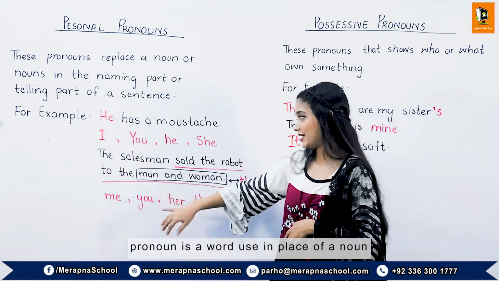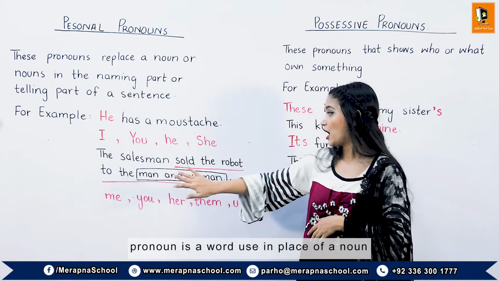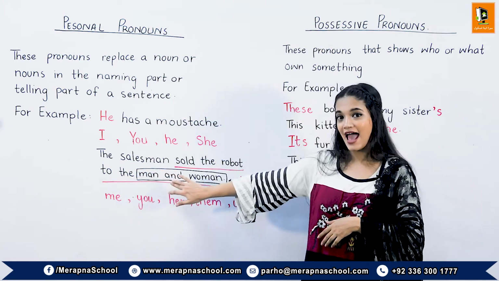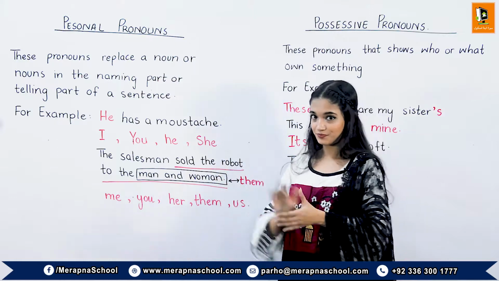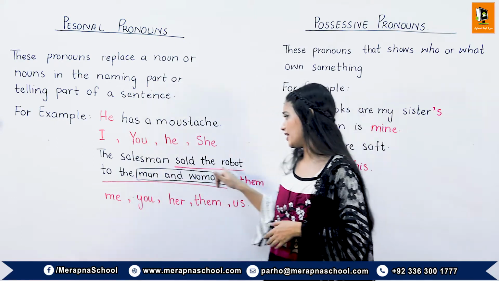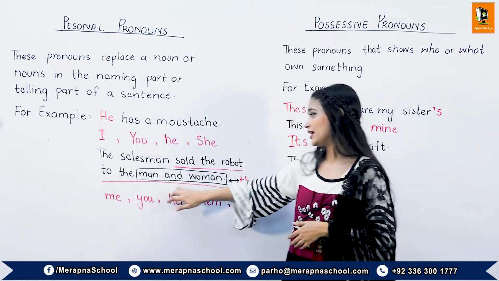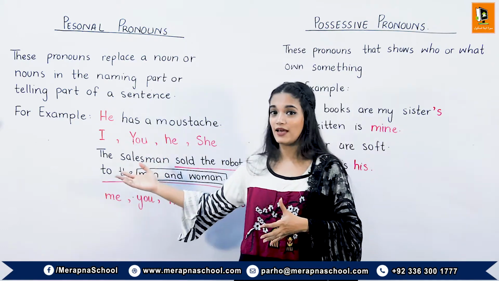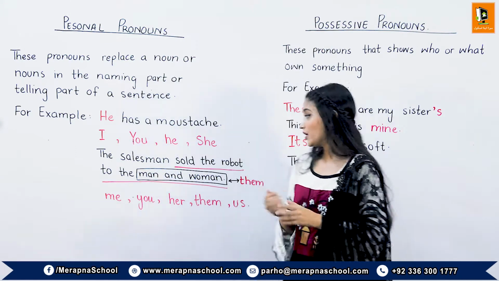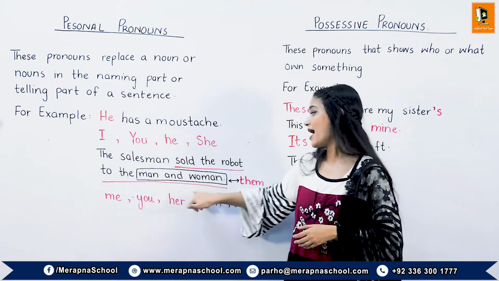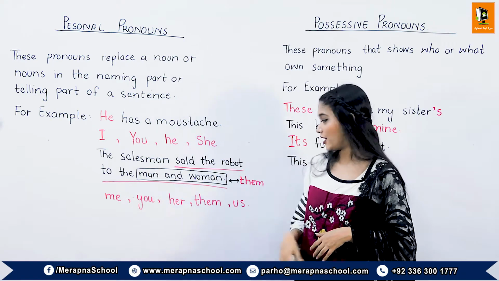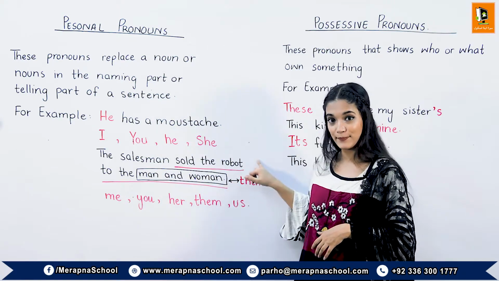Another sentence is, the salesman sold the robot to the man and woman. This part of the sentence is telling us that the salesman sold the robot. In this part, the man and woman can be replaced by a personal pronoun, them.